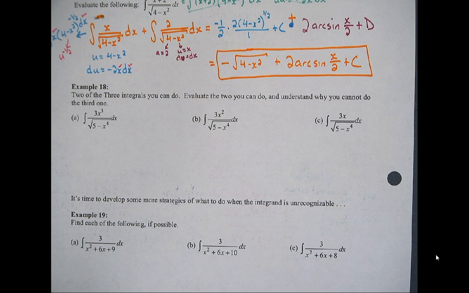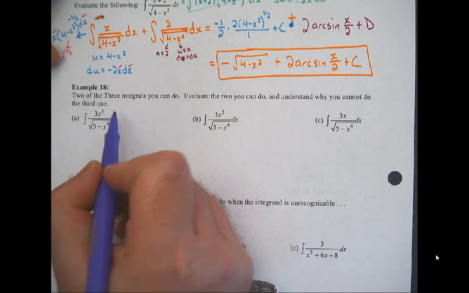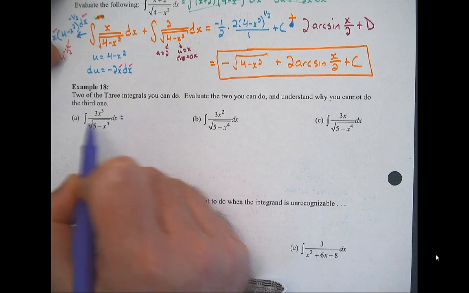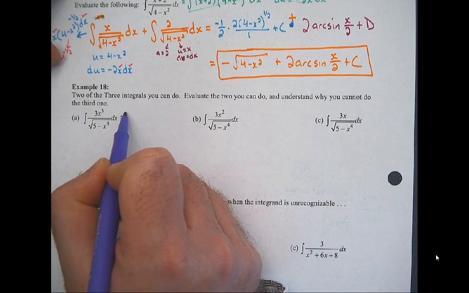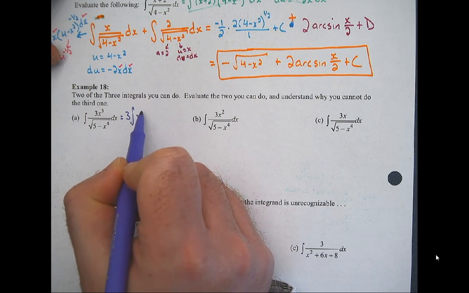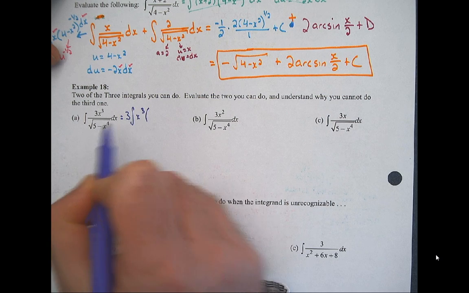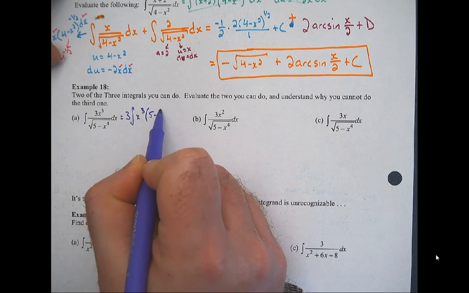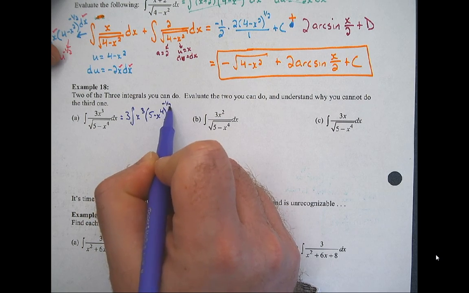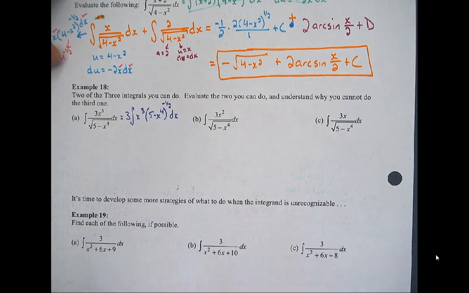So I like to do rewrites. I like to try to rewrite and see if I can UDU it to save myself some time. Well, maybe not time, but memorizing. So I can take out the 3. That's just a constant. This is going to be the integral of x cubed times the quantity of 5 minus x to the 4th. It's a square root that was on the bottom, so that's negative 1/2, dx.